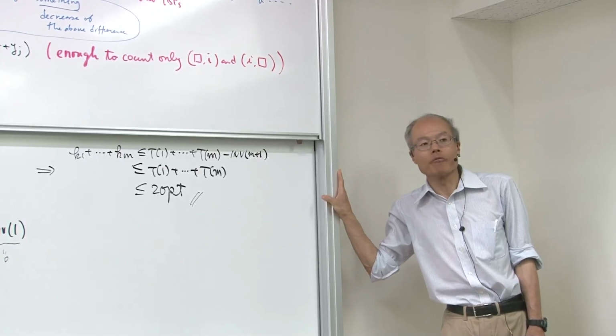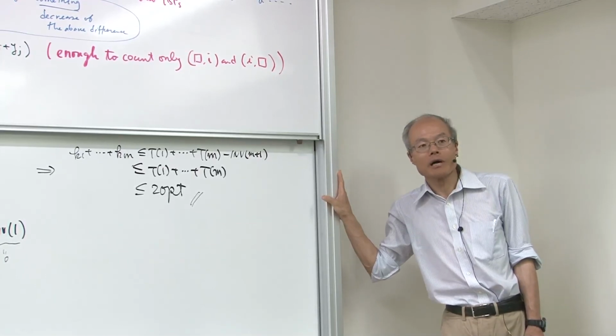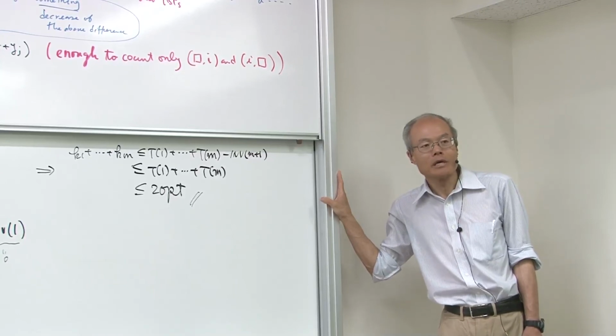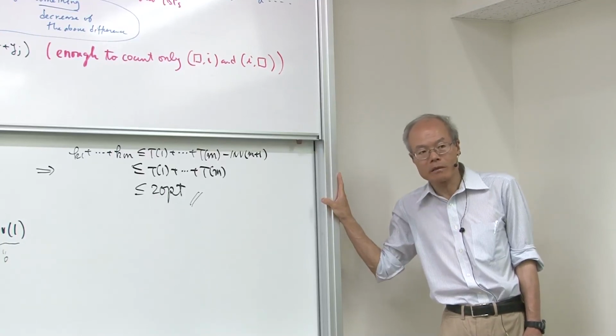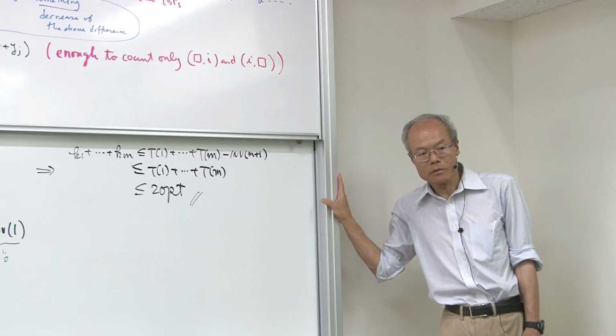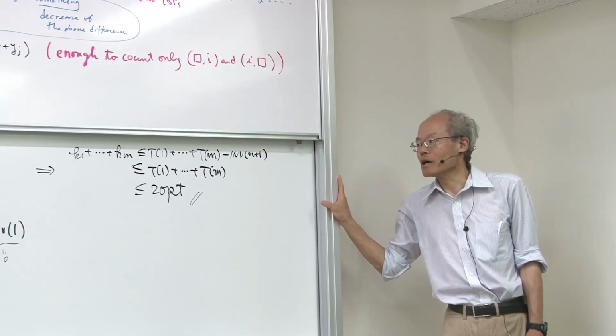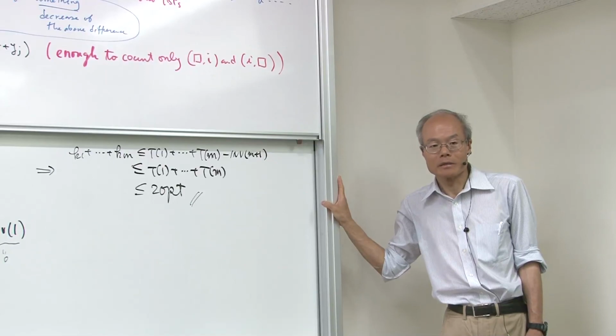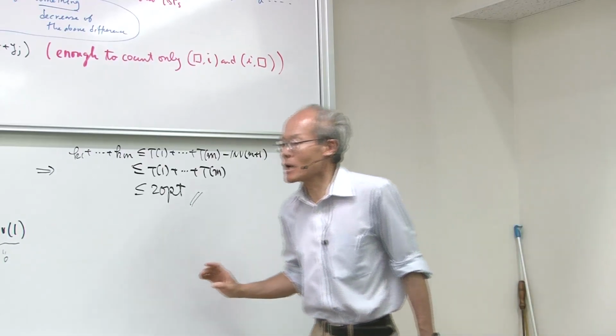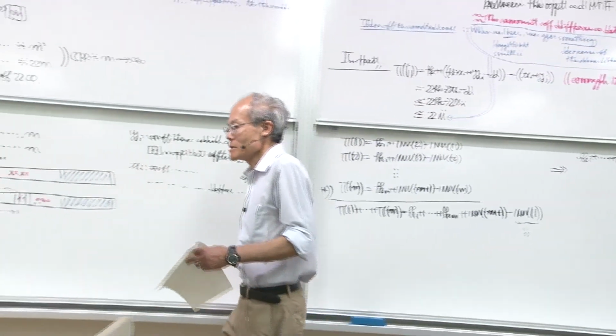So for the linear search problem, we don't have any algorithm whose competitive ratio is strictly less than 2. It's impossible to get less than 2. Probably I can show you the lower bounds. Okay, so we are done for today, and see you next week.